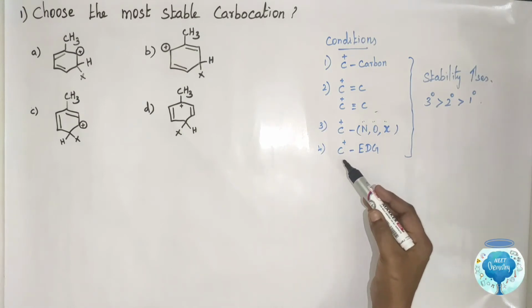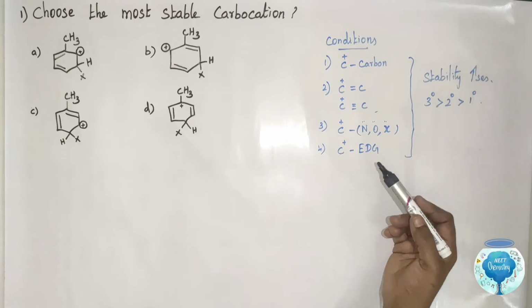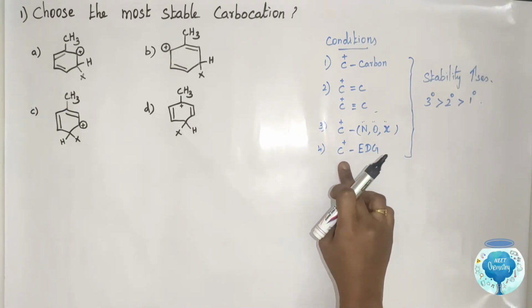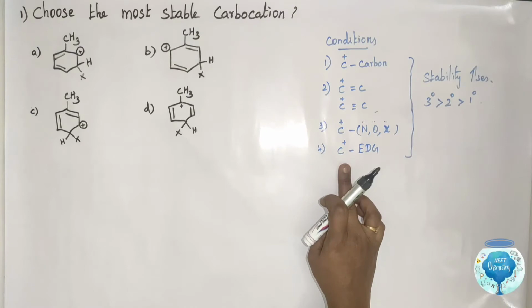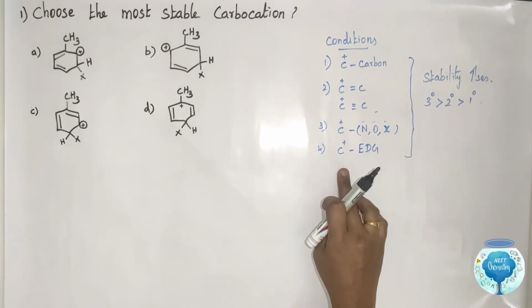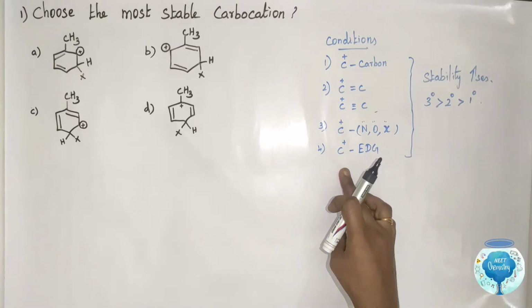The fourth one, carbocation attached with the electron donating group. It donates the electron towards the carbocation. So the opposite charges attract, and the positive charge on the carbocation decreases. So the carbocation is more stable.